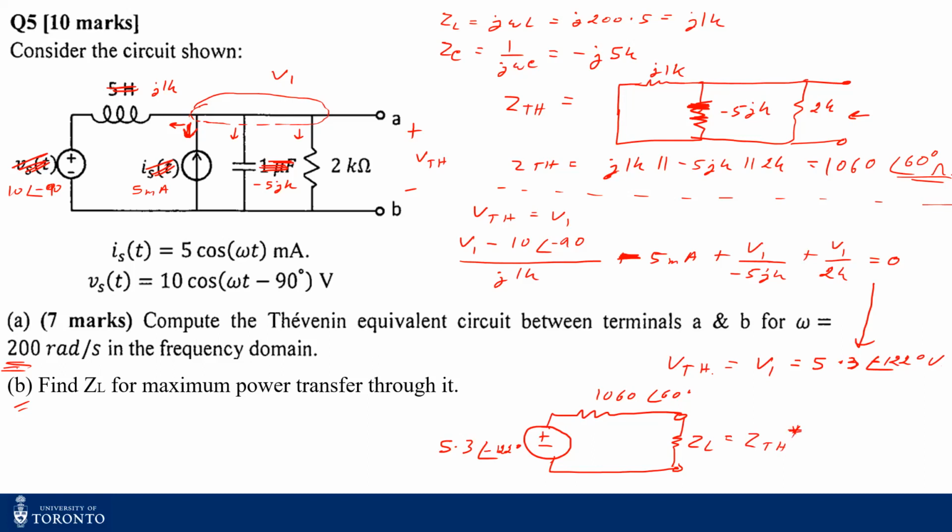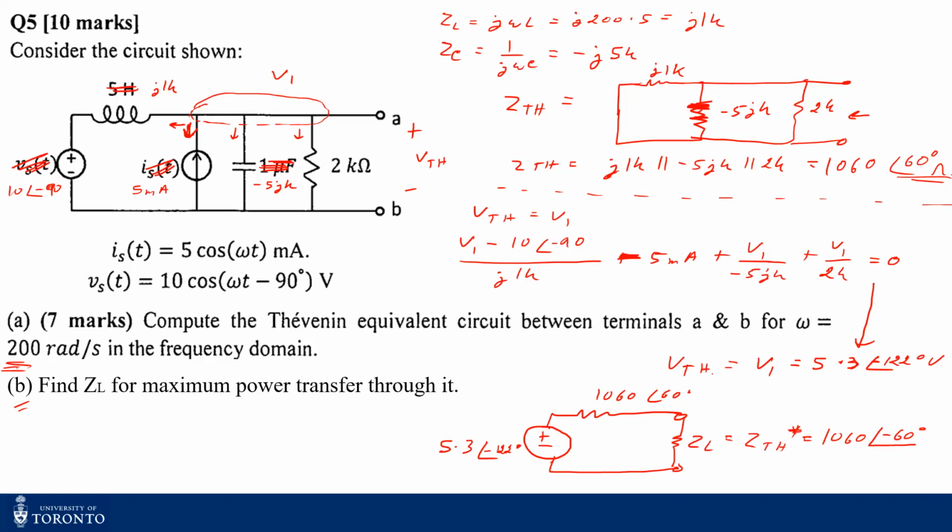What that means is your ZL will have the same magnitude as the Z Thevenin, but an opposite angle. If the angle was plus 60, my angle will be minus 60.